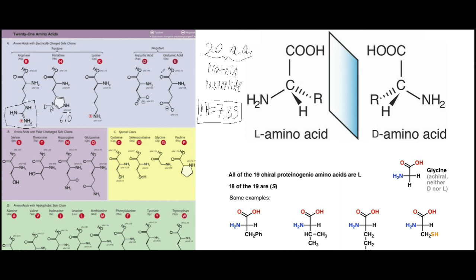Then we have the negatively charged amino acids here. They're still charged, but they are negatively charged at physiological pH because they have these carboxyl groups on the end, which are a weak acid. If you remember from before, they have something like this, and then if it's in the protonated form, it'll have that H there.